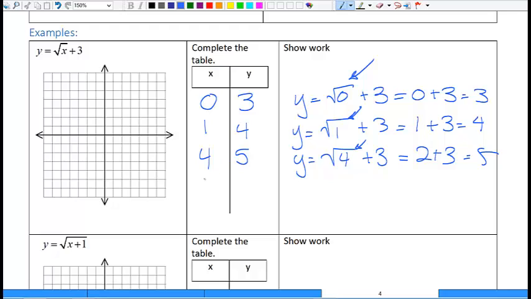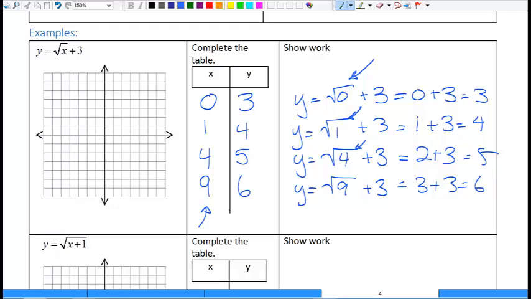What do you think the next value would be here? The next perfect square I know of is 9. When I plug this in, the square root of 9 is 3, and 3 plus 3 is 6. So I'm being a little bit particular and picking values that I know will help me.